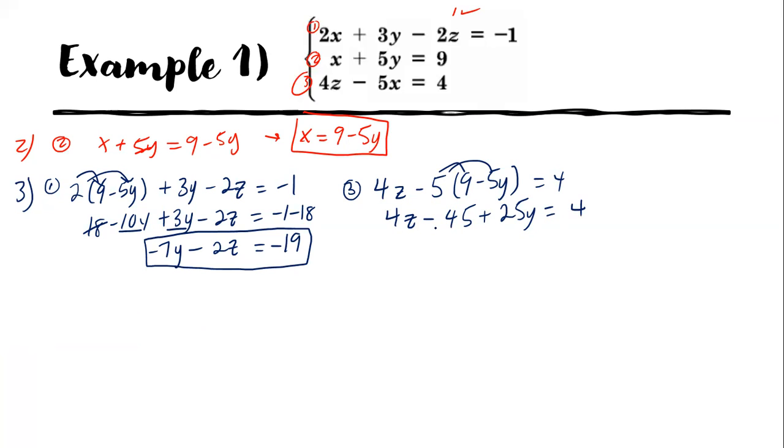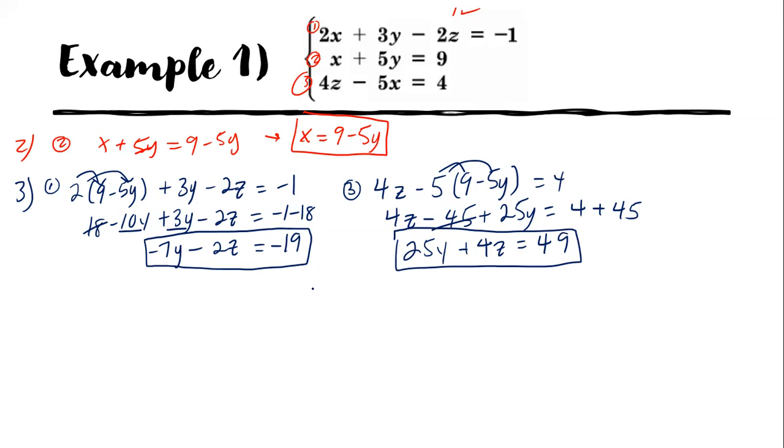Combine like terms, which means I'm going to move 45 to the other side. I'm going to write it as 25y plus 4z equals 49. So there's my second two-variable equation. So that's step 3. Questions about step 3?